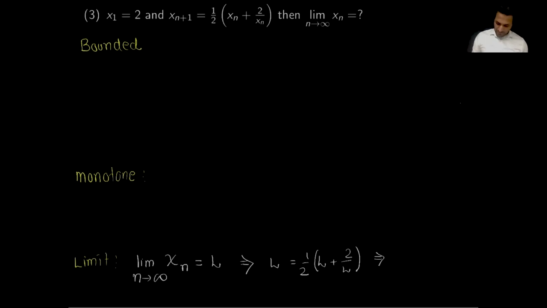So I'm going to move everything to one side and do a little bit more simplification. So this is L minus 1 half L minus 1 over L is equal to 0.